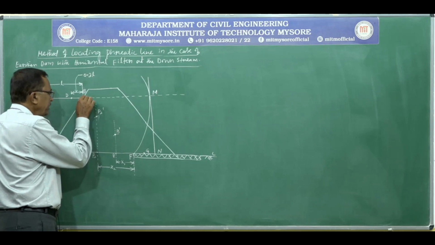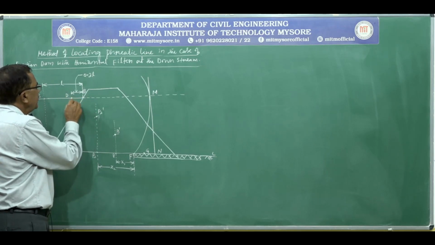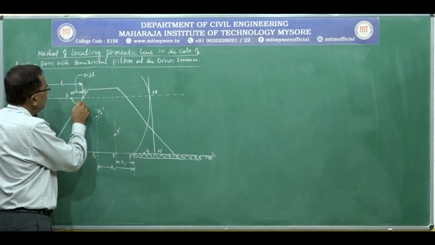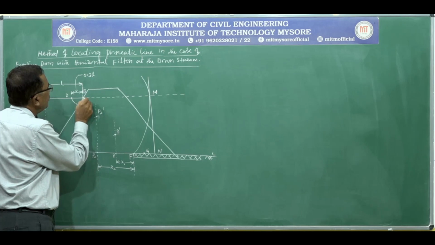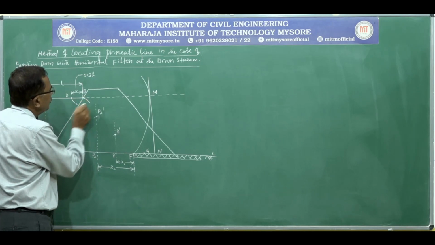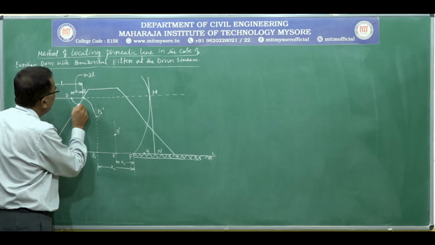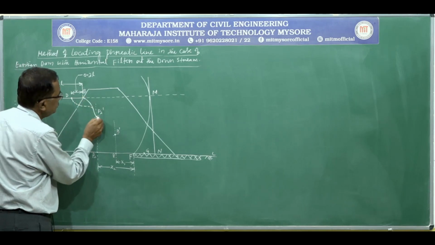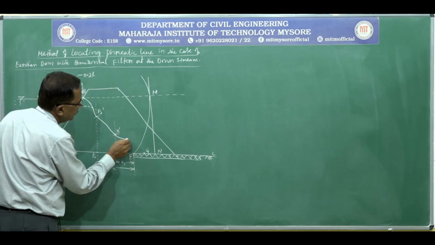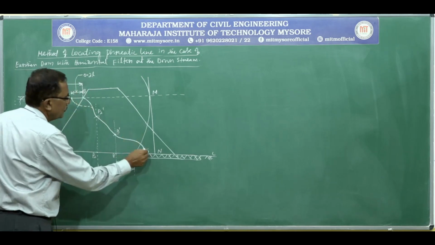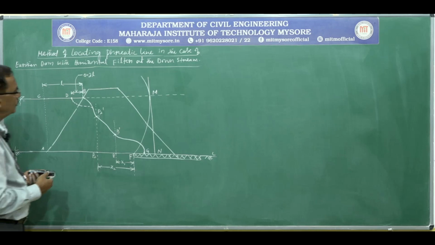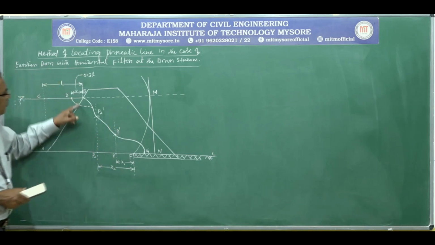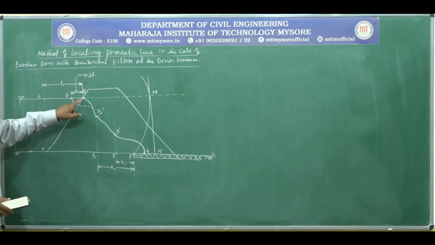So, the phreatic line should commence from B, not from D, because though D is the theoretical commencing point of the phreatic line, B is the actual commencing point.